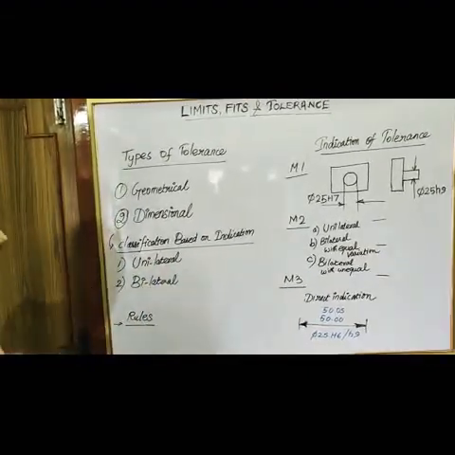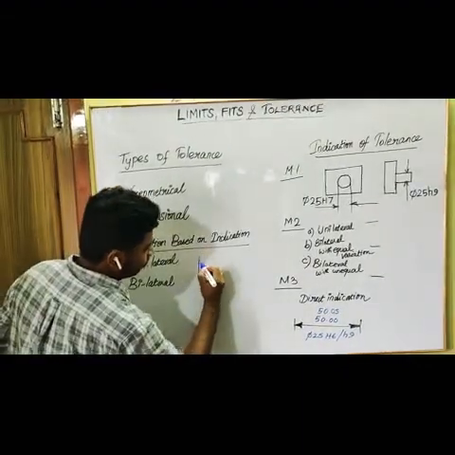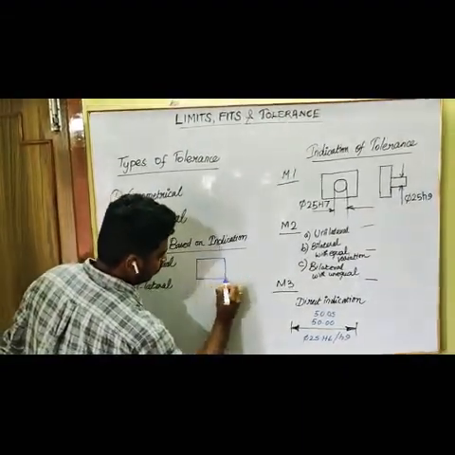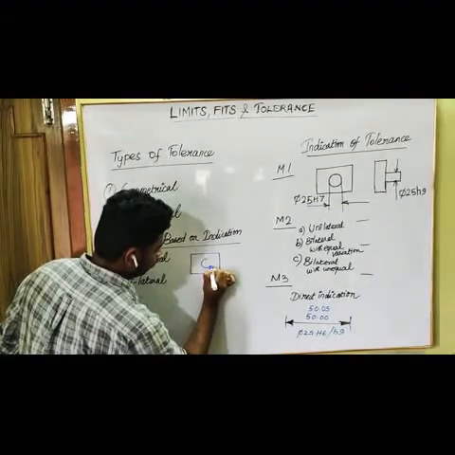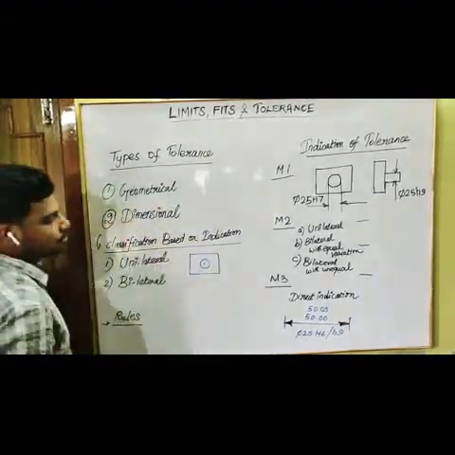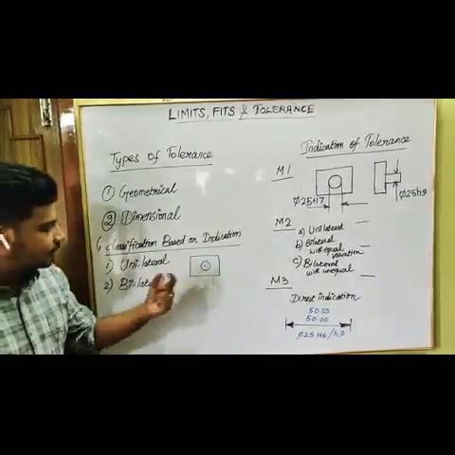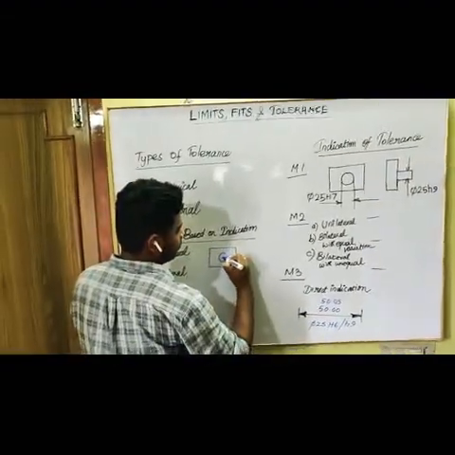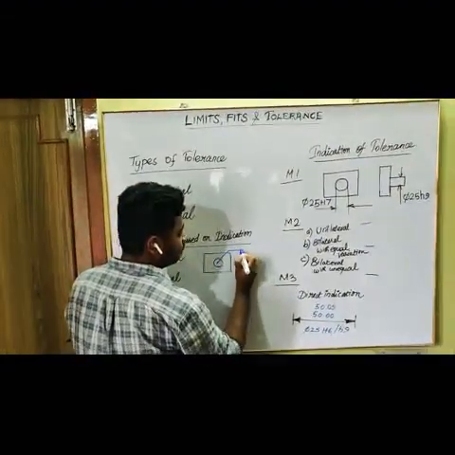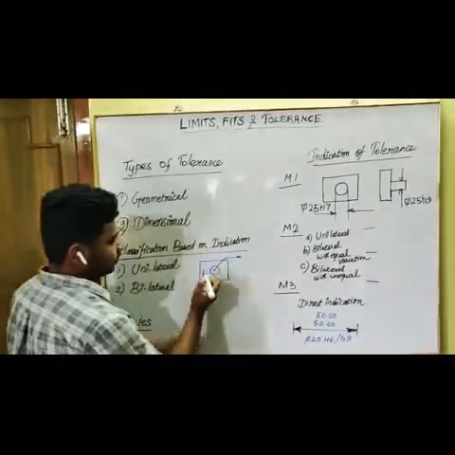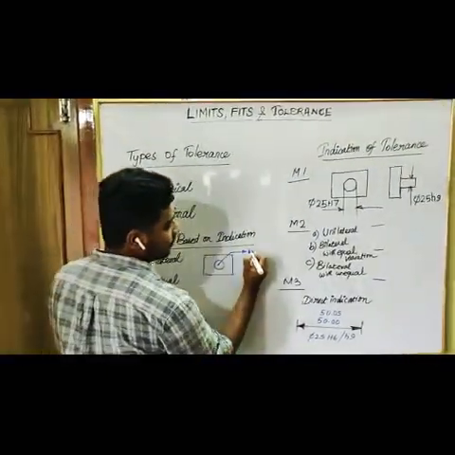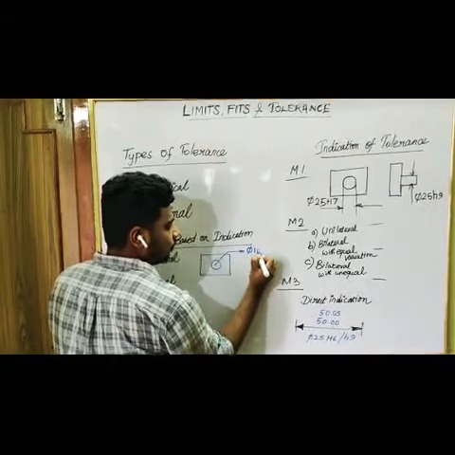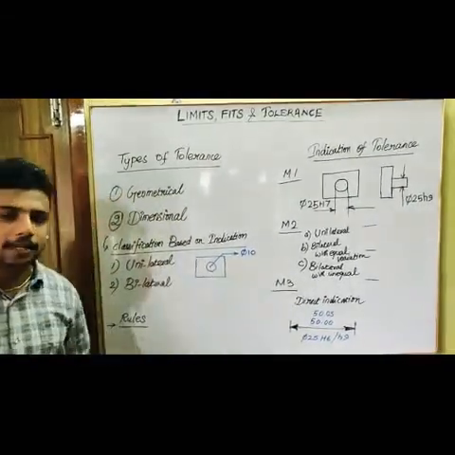I will tell you what is unilateral here. I have a circle here. For this circle I have to mention the dimension. Using a leader line, I am going to mention the dimension. The basic size of the circle is, for example, 10 mm, right?